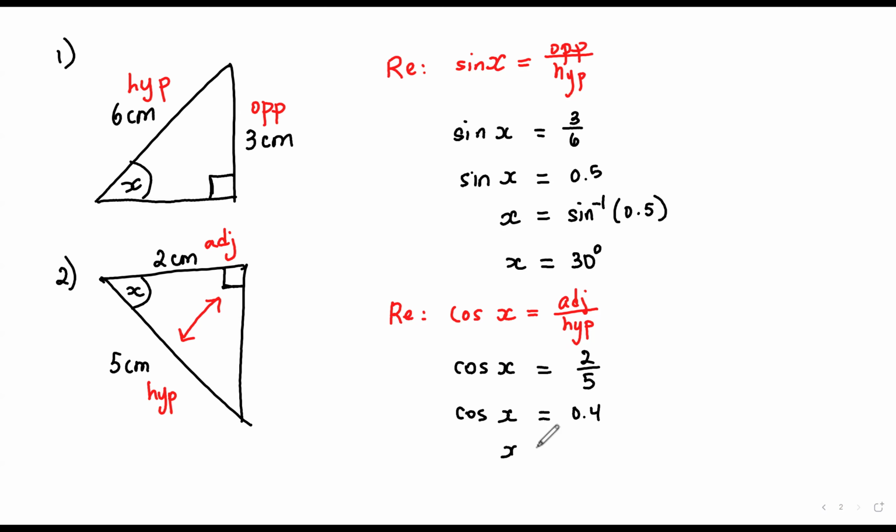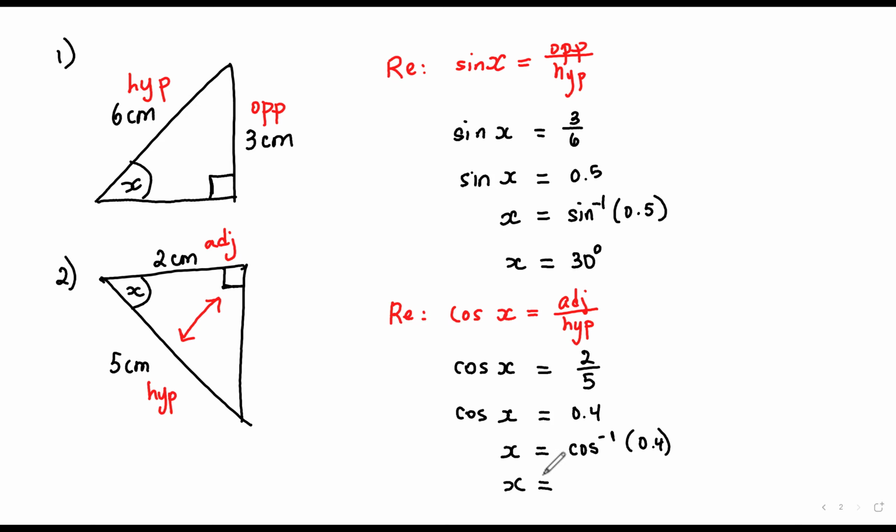So then x is equal to cos inverse of 0.4. Guys, no matter what, whenever you find an angle, you have to use the inverse trig functions. That is cos inverse, sine inverse, like that, right? So therefore, x is equal to cos inverse of 0.4.